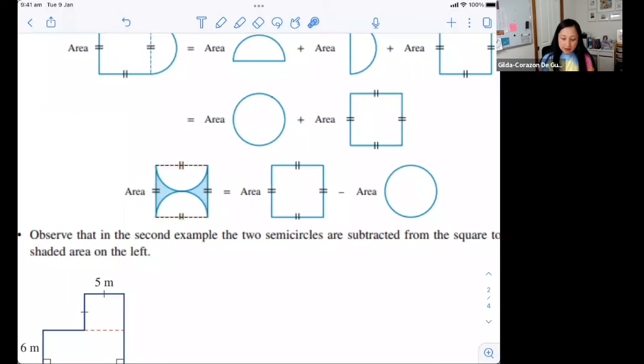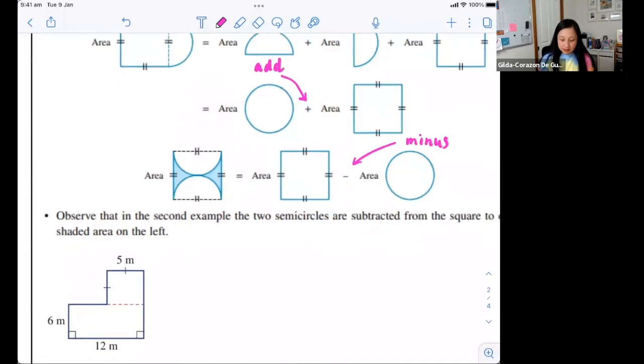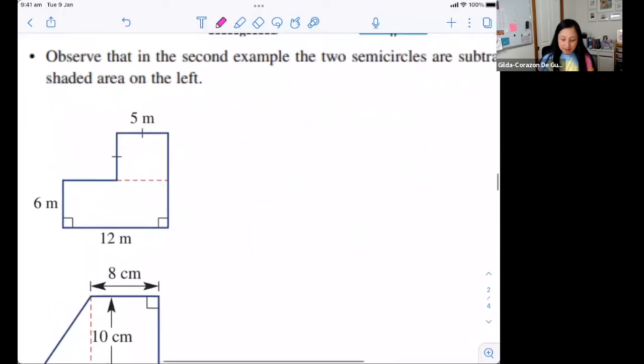And you cut out a semicircle here and cut out another semicircle here. And those two semicircles would form this one whole circle. And that's why we've got this operation here as a minus, right? Instead of just like what we did a while ago, or the example a while ago, it's adding those two areas.